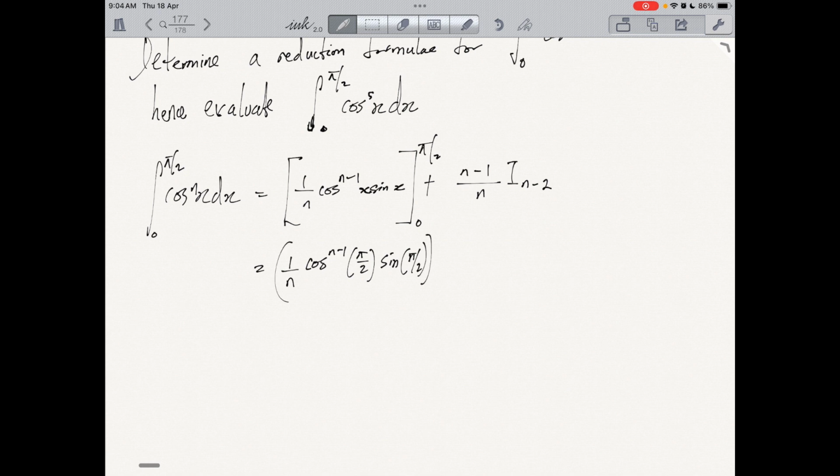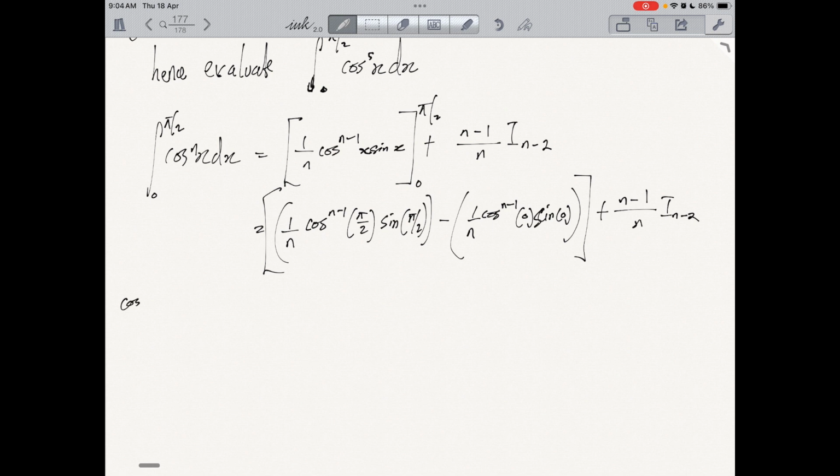This is subtracted from the lower limit of 0, that's 1 over n cos^(n-1) of 0 multiplied by sine of 0, and this will be added to (n minus 1) over n I_(n-2).